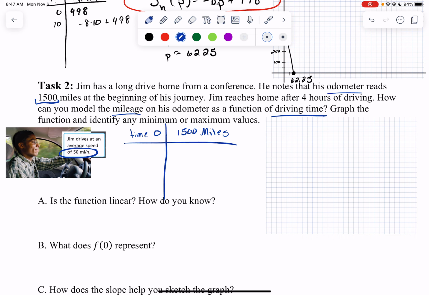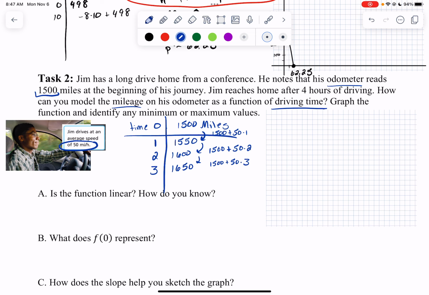Okay, so we're starting with our 1,500, and here we took that 1,500 and we added 50. Here we took this 1,500 and we add 100, so 50 times 2, and this is 50 times 1. So 3, we would take 1,500 and add 50 times 3. Do you kind of see how this function's playing out?